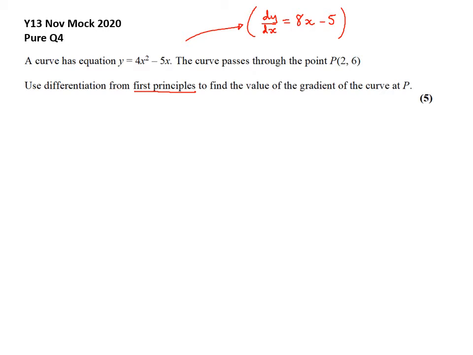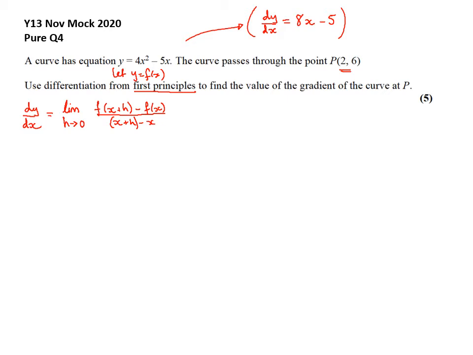A couple of different methods for doing this question, because you're trying to find the gradient at a point straight away. You'll see the mark scheme later, but what I would do is just go for the general dy dx by definition, first of all writing down that definition.